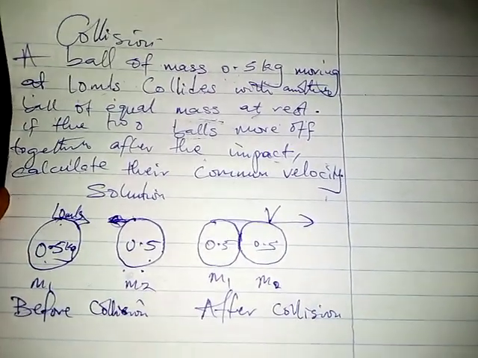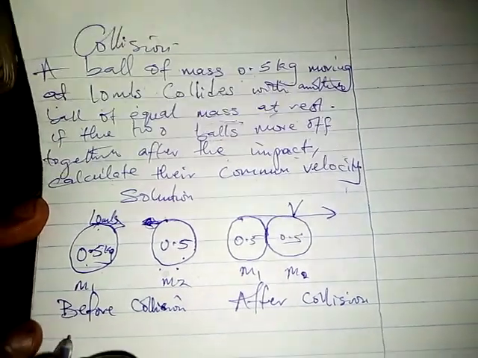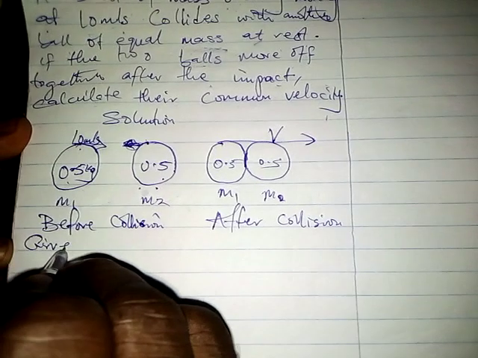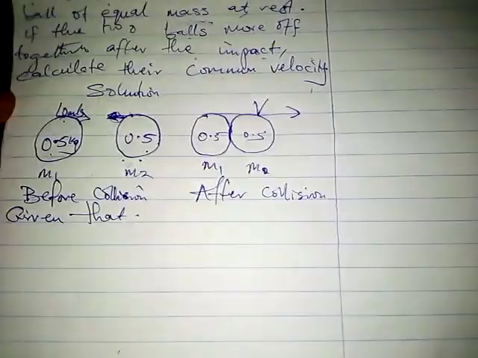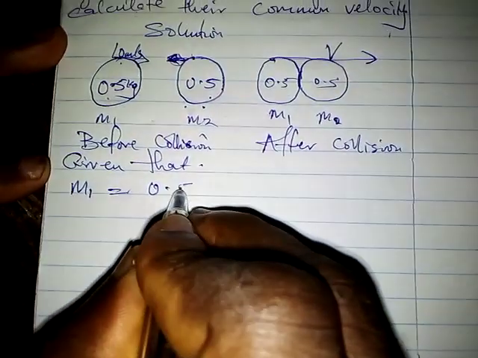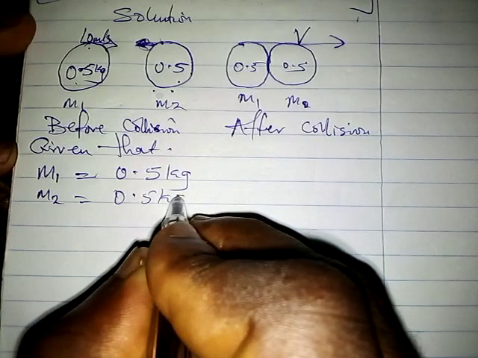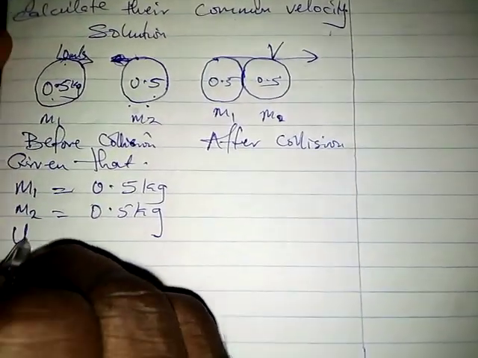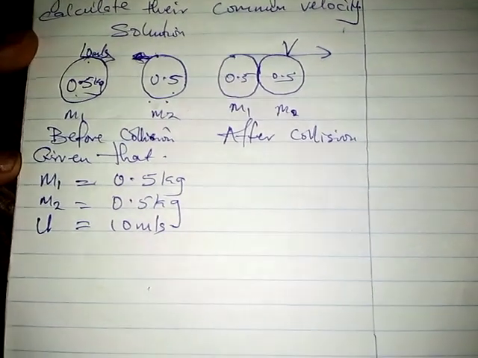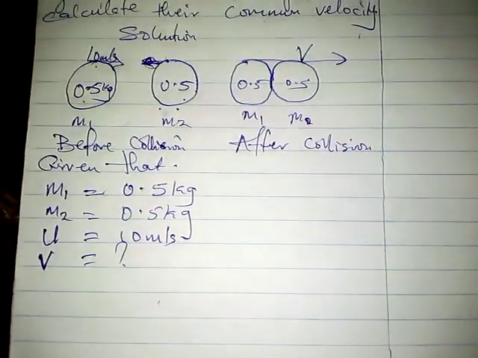So we are going to apply the principle of conservation of linear momentum, right? Let's just go ahead. We are going to state it first, given that mass M1 equals 0.5 kg, then mass M2 equals 0.5 kg likewise. We have initial velocity to be 10 meters per second, and then we have final velocity to be unknown, which is the common velocity, right?